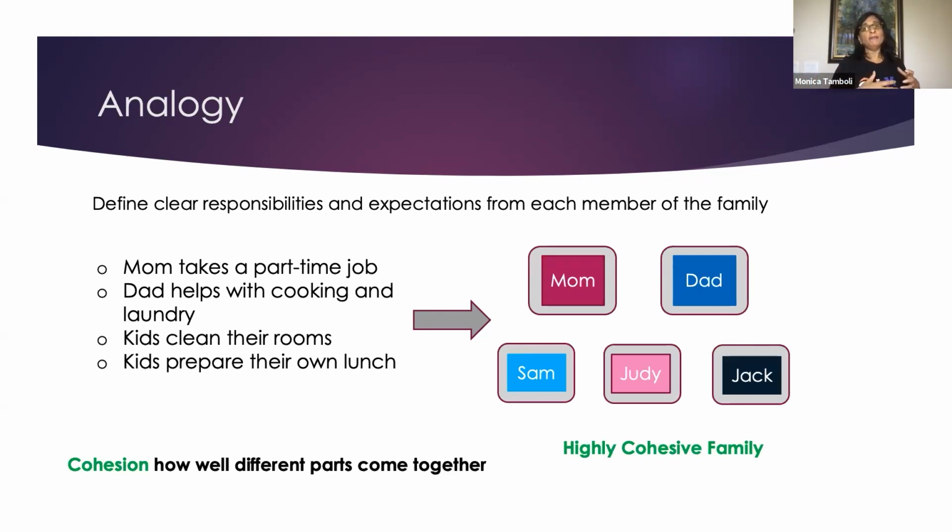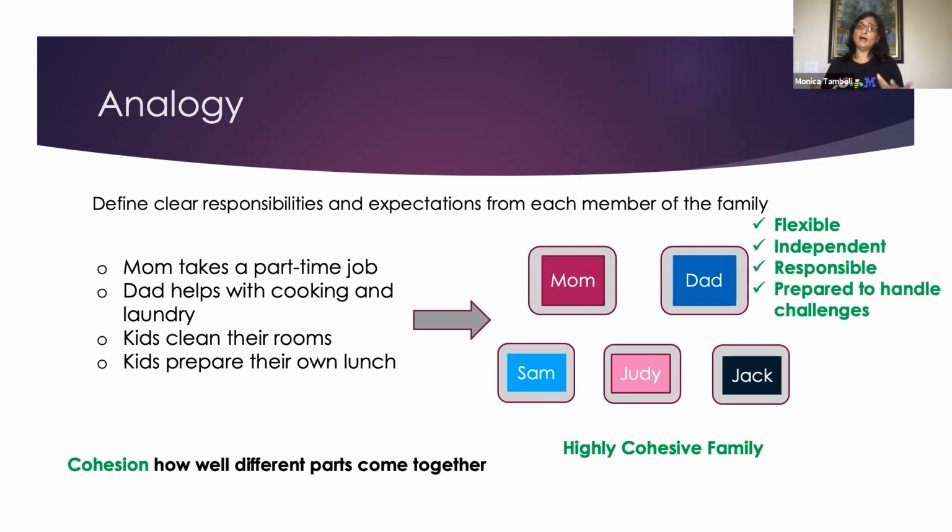From a tightly coupled family, we have a loosely coupled family, but highly cohesive. With this approach, we have a more flexible, independent, responsible family, prepared to handle any challenges. Like if mom has to go on a trip, everybody can survive without any issues.